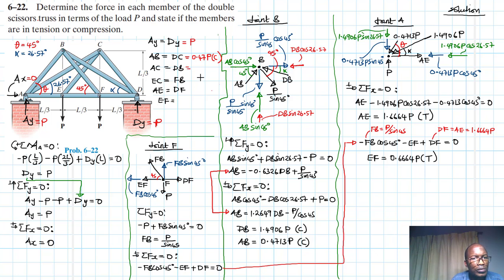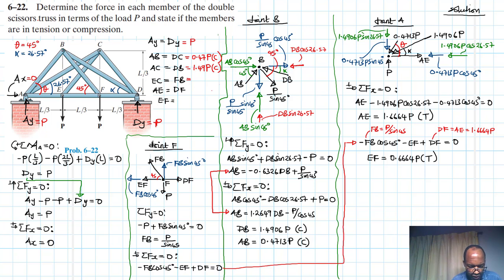AC is equal to DB. Where is DB? AC is equal to DB, and DB is just equal to 1.49P, and it is in compression. Okay. And then we have EC. EC is just equal to BF. Where is BF? BF is P over sine 45.